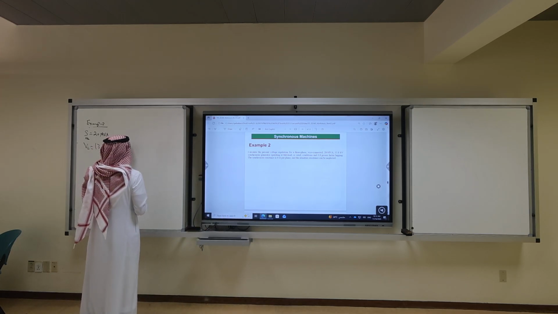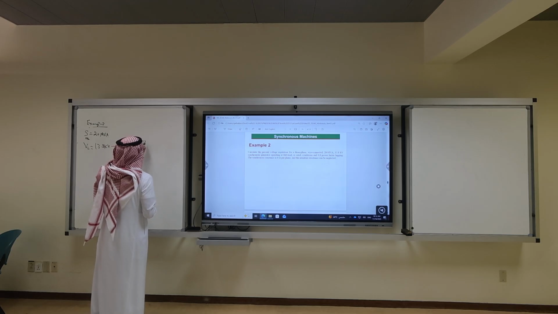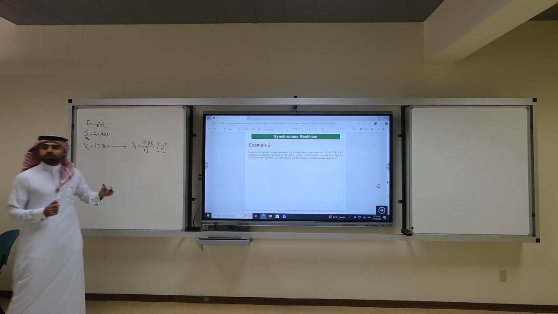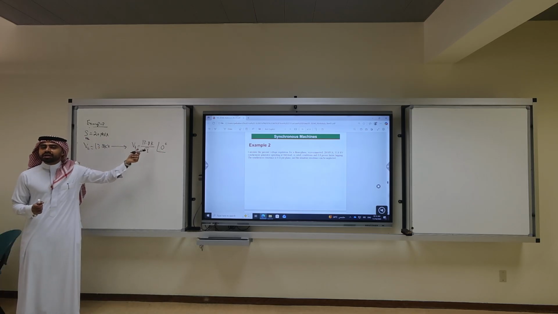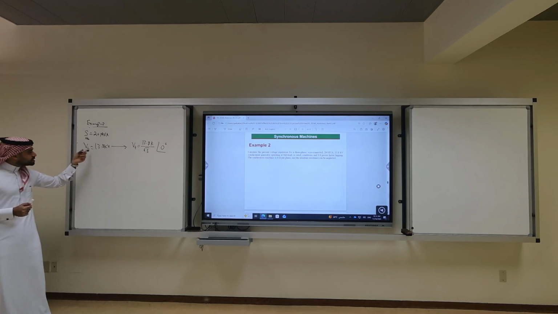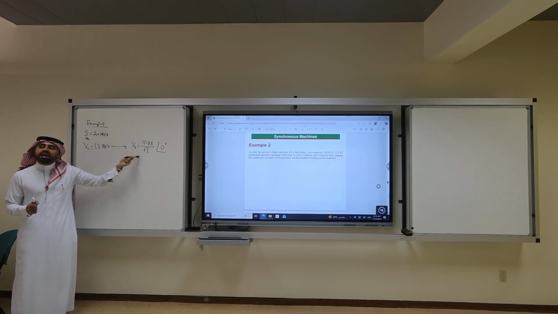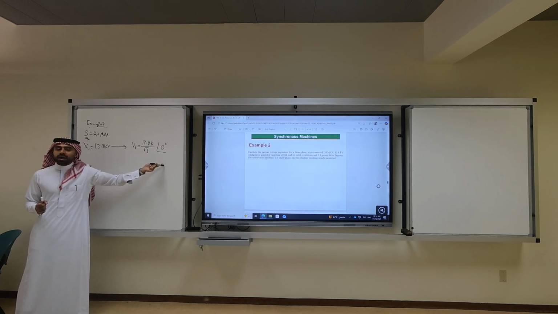So this implies what is VT? 13.8 kilo divided by square root of 3. I usually assign the angle to be 0 for the phase quantity. It is okay to give this 0. This will be maybe plus 30 or minus 30. I don't know the equation. But I take my reference to be the terminal voltage. Okay?